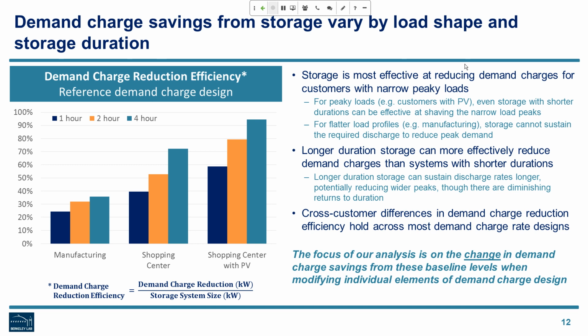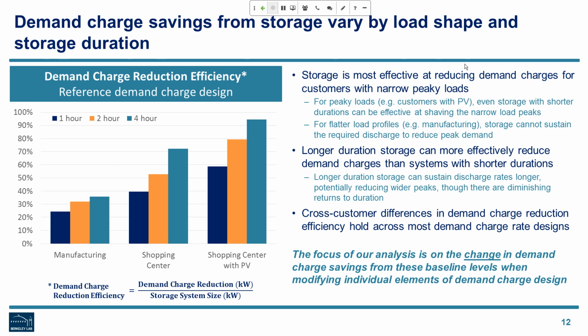One thing we can see from the figure is that storage can reduce the demand charge for the three load shapes we considered to different degrees. Specifically, storage is most effective at reducing demand charges for customers with narrow peaky loads.